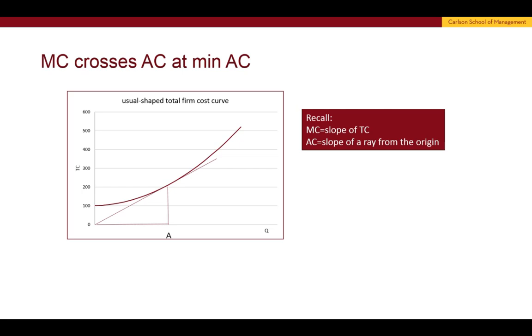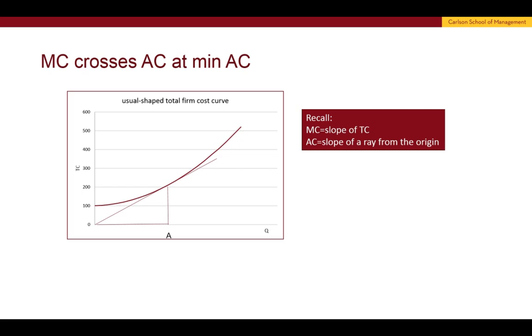Another point I want to make is that marginal cost is going to cross average cost at the minimum of average cost. That's kind of a mouthful, so let's see if we can talk through it. Well, let's think back to what we just learned. First, marginal cost is the slope of total cost, and that's true at any quantity. Second, average cost is the slope of a ray from the origin to any point along the total cost curve.